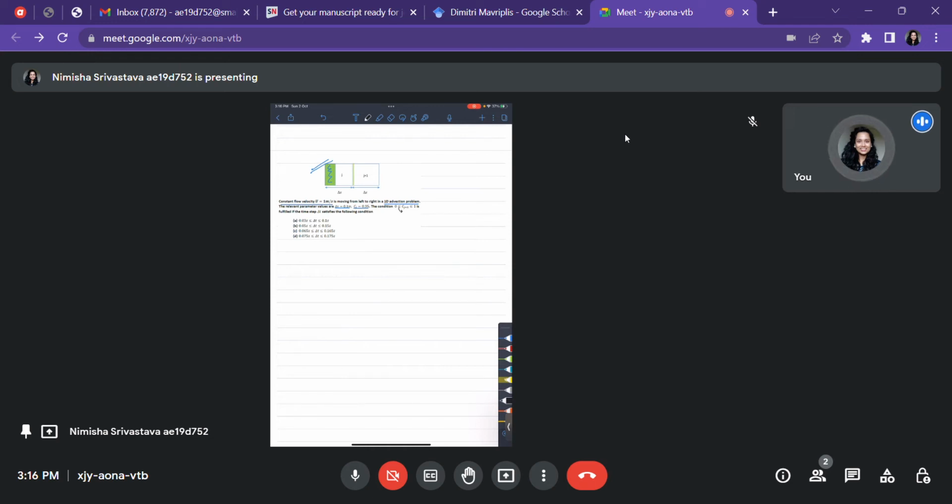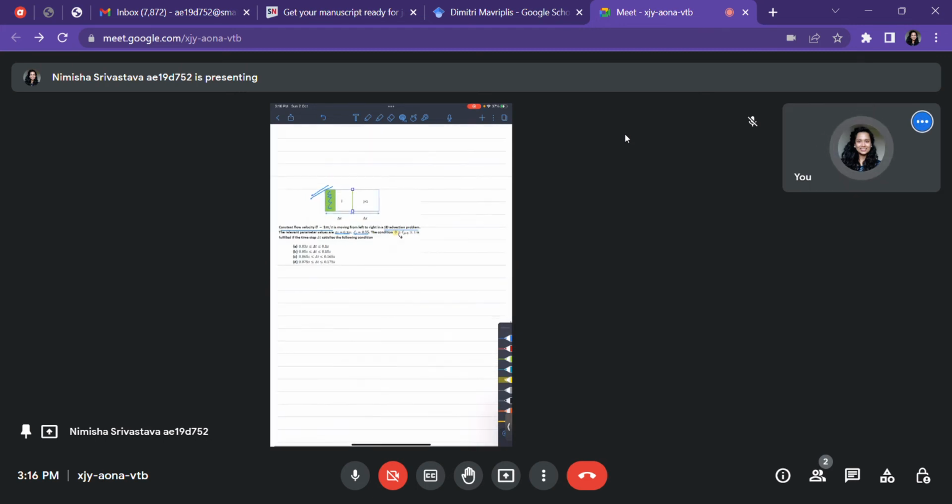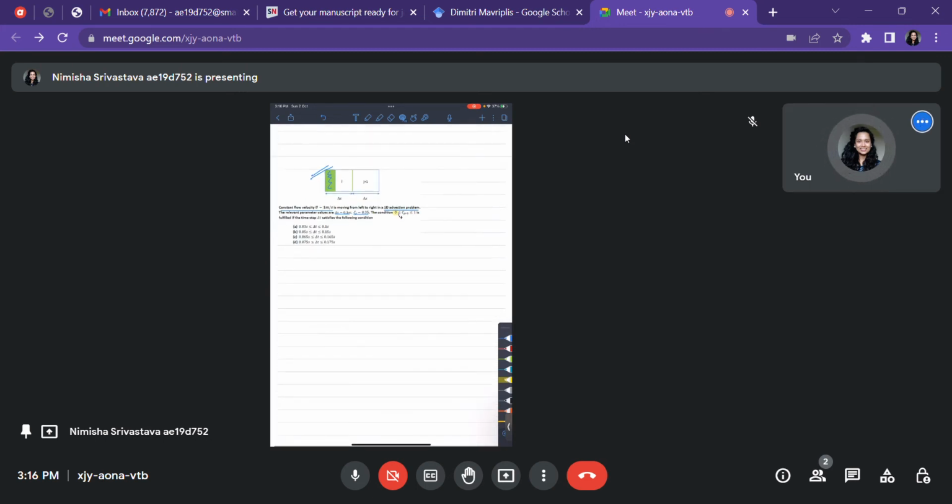So I think this equality is not really supposed to be there, because unless the interface lies inside the cell J plus 1, the color function is not going to attain any value except 0. So just forget about the equality.